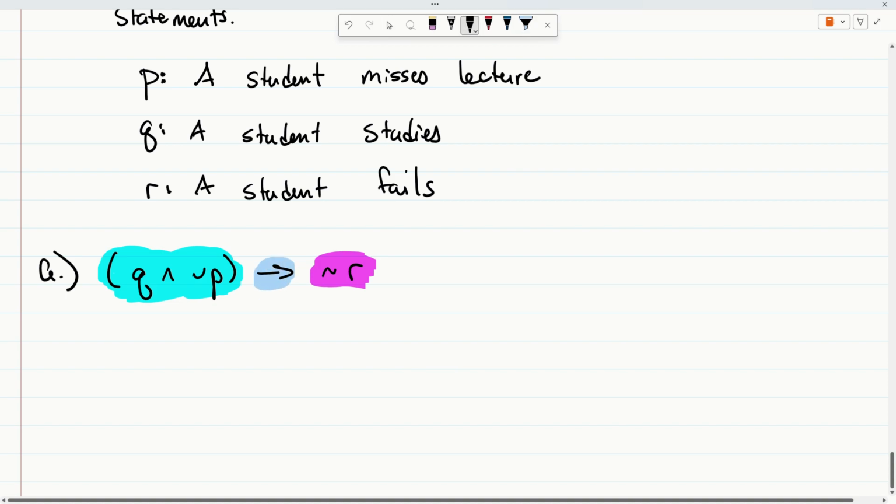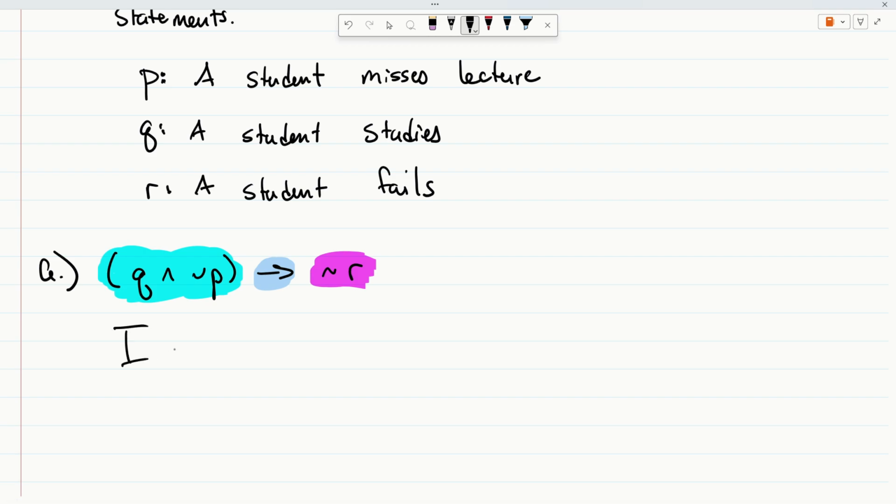So this is nothing more than an if-then statement. The only thing we have to do now is write it out in words. So the big question becomes, how do you write this out in words if you have these parentheses and everything?